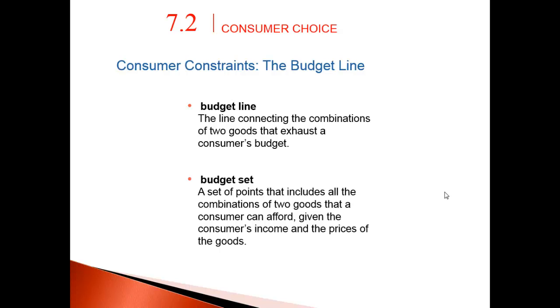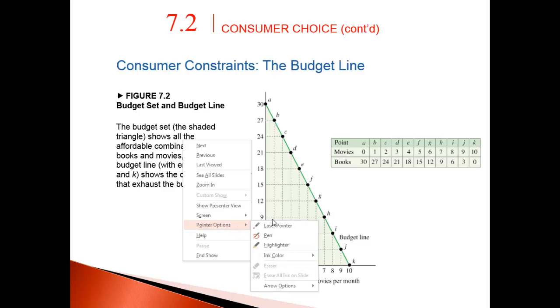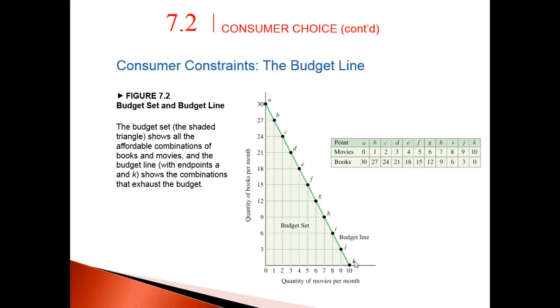different goods. So if we were to plot a graph, let's just say this one is books per month and movies per month, and we have a limited amount of money, and we can buy with our money 30 books and 0 movies, or we can buy a max of, let me get my pen out and see if this works, a max of 10 movies, but it would equal 0 books if we do that.